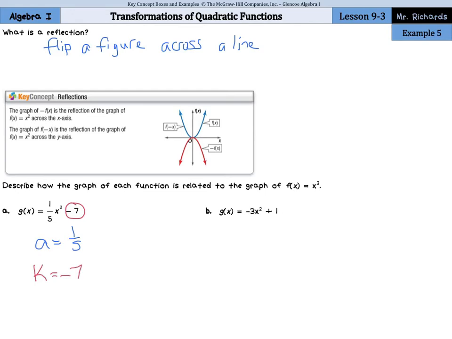So we are going to have this graph being compressed vertically due to our dilation, and translated then 7 units down.